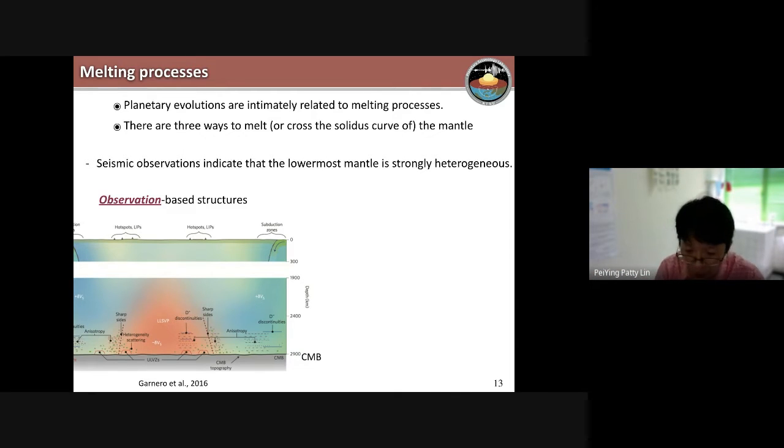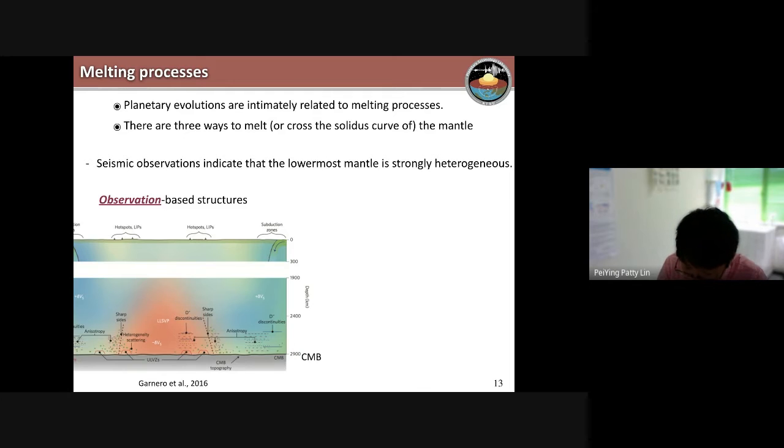Here is the seismic observation for the lowermost mantle, which is close to the hottest core. This is the core-mantle boundary, this is the core, and this is the lowermost mantle. From seismological observation, we see lots of anomalies in this area.